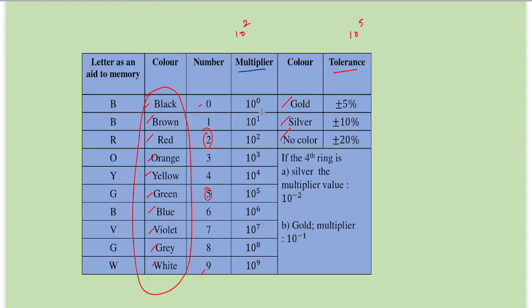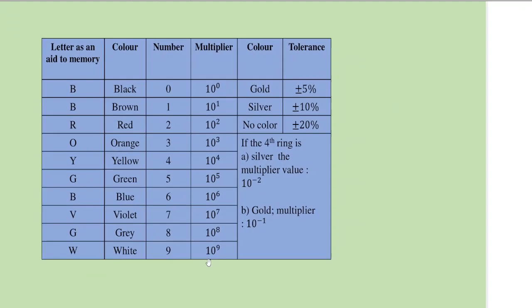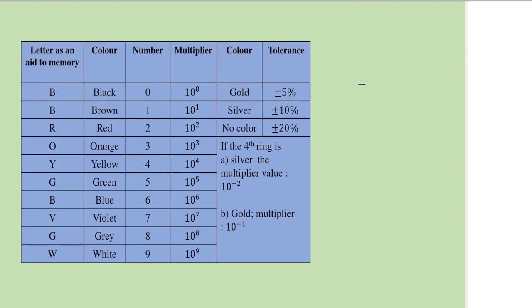Now to understand how the colors are read as codes, the first 2 colors stand for the numbers themselves and the third is the multiplier. For example, say the colors are red, red and brown, with gold as the last color.